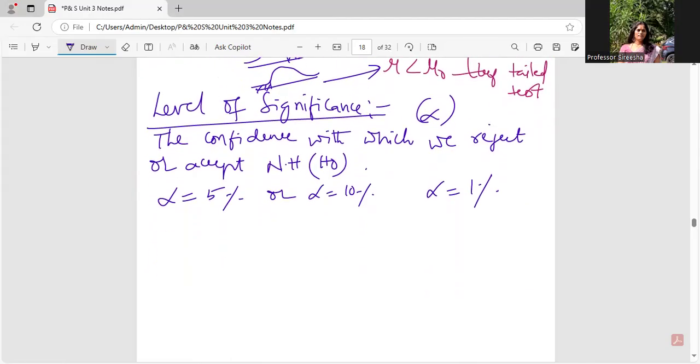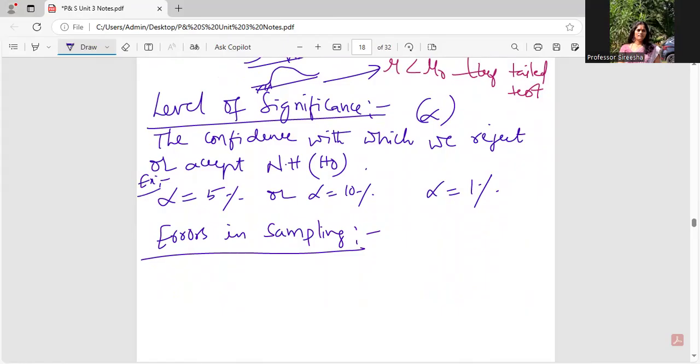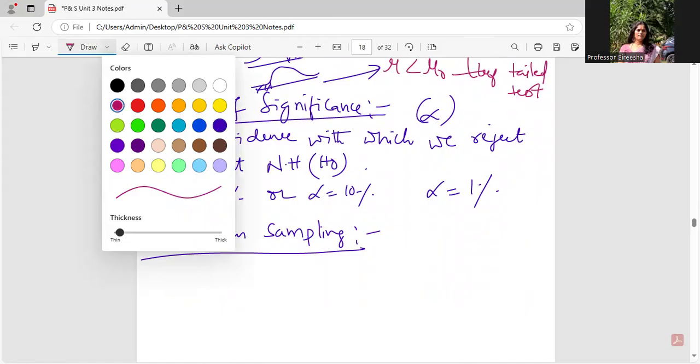When I'm doing this, there are errors in sampling. What are errors in sampling? There's something called type 1 error.